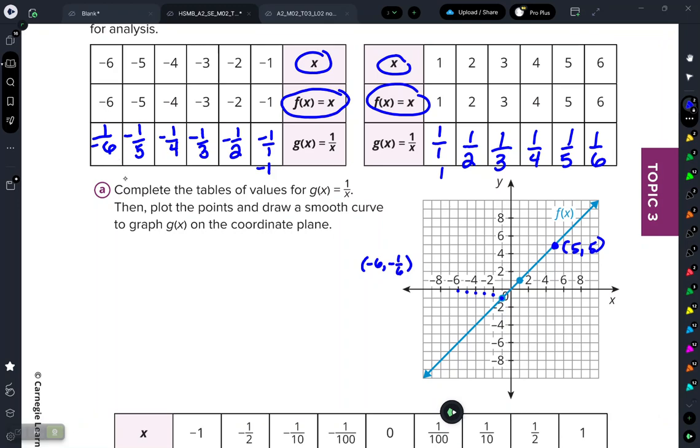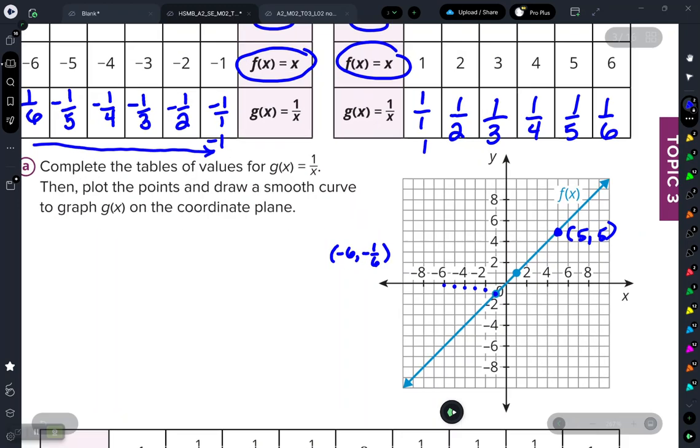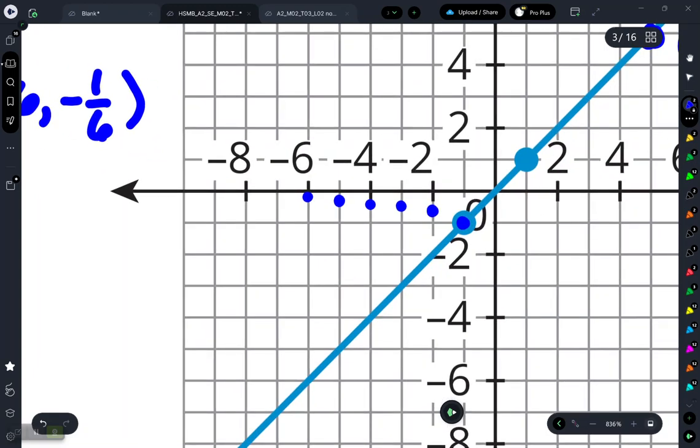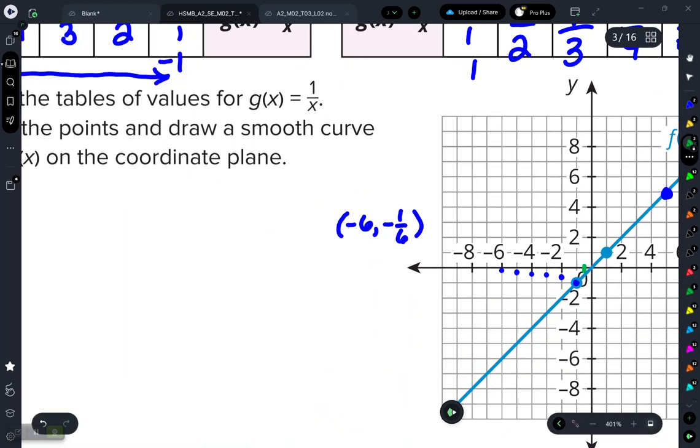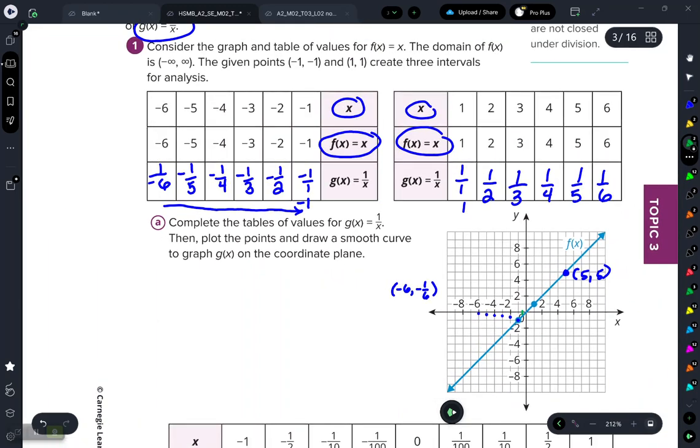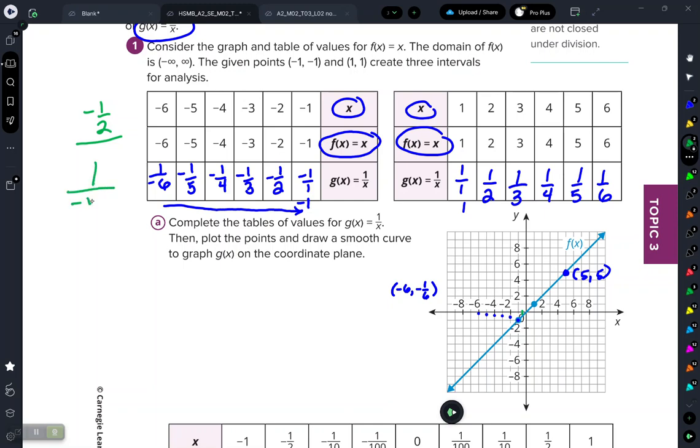You can see these numbers are actually getting bigger until they get to negative 1. I know it's hard because they're such tiny numbers, but it's curving. I want you to think about what happens at a half. They didn't have that in our table, but let's plug in negative 1/2. What do you get when you do 1 over negative 1/2?